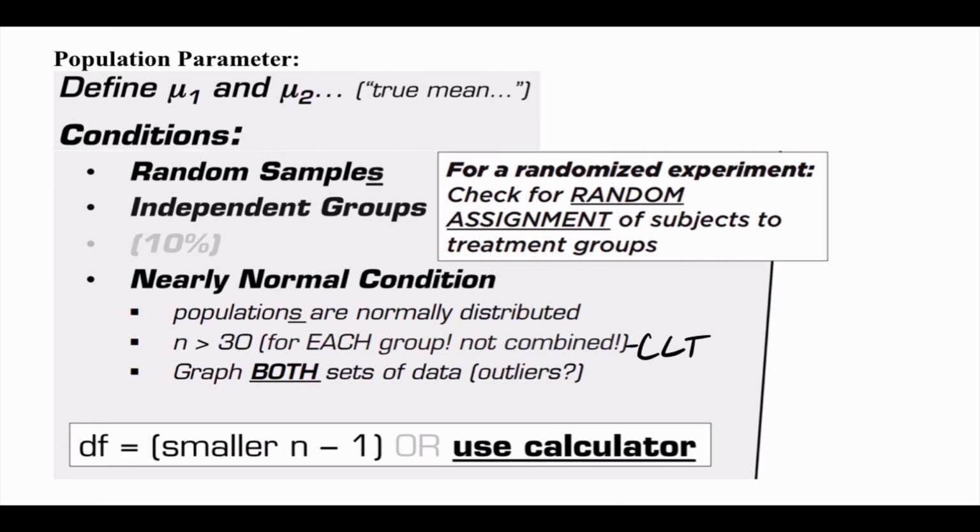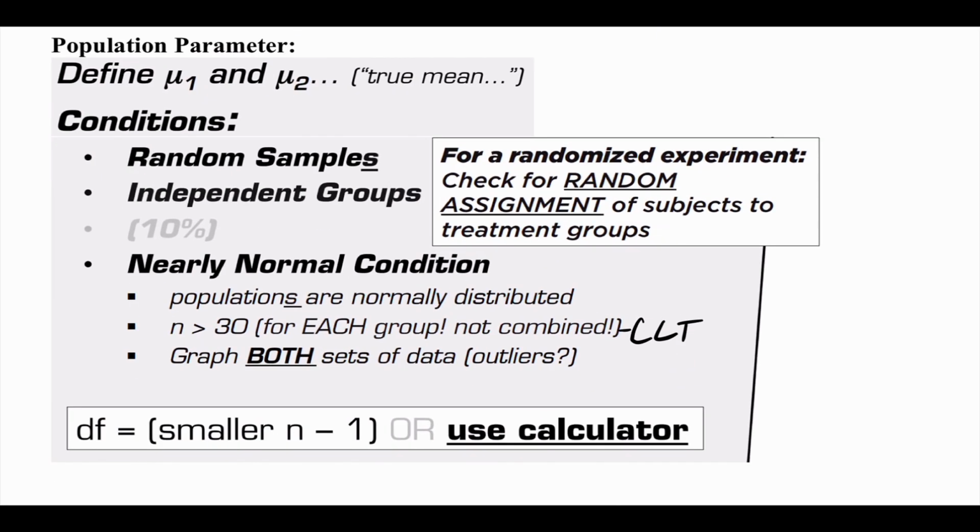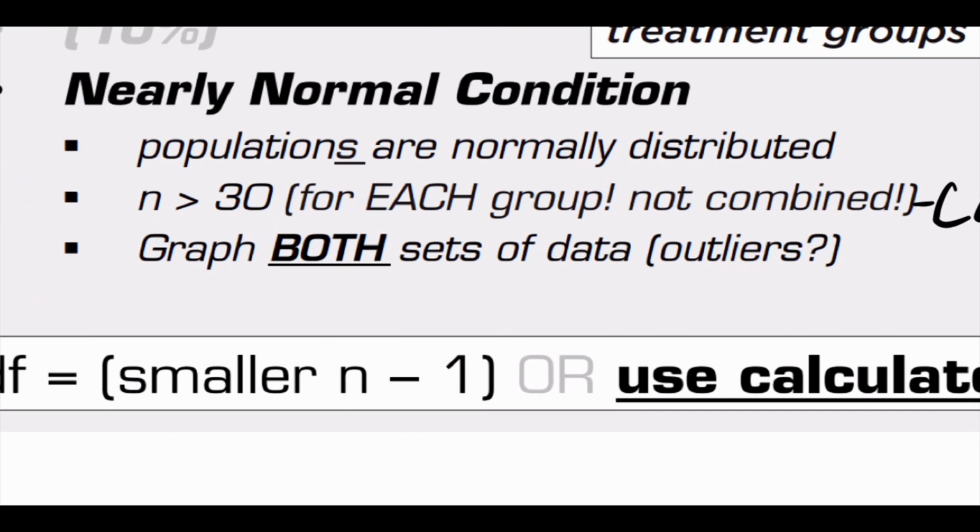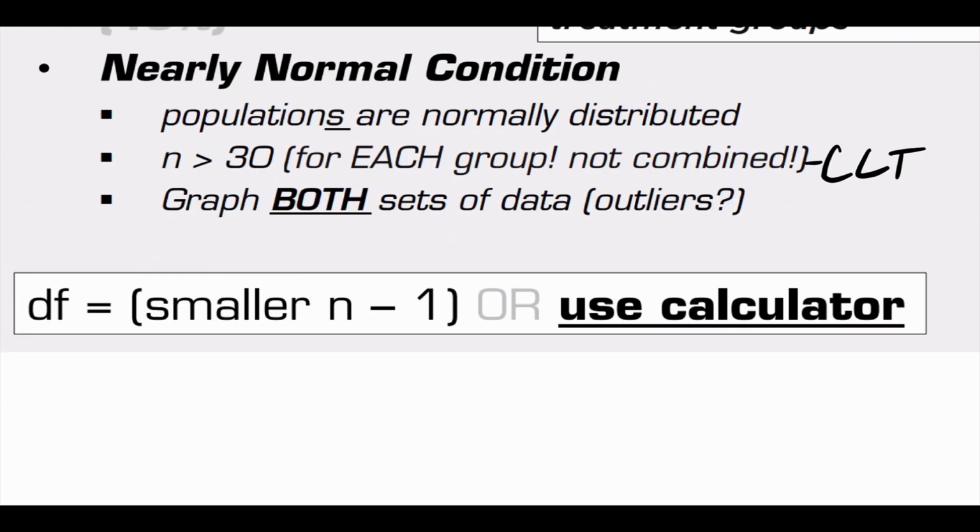Okay, just like last time, I have 3 options for the third one. Populations are normally distributed, n is big enough, or I don't have a big enough sample and they didn't tell me, but I graphed the data.